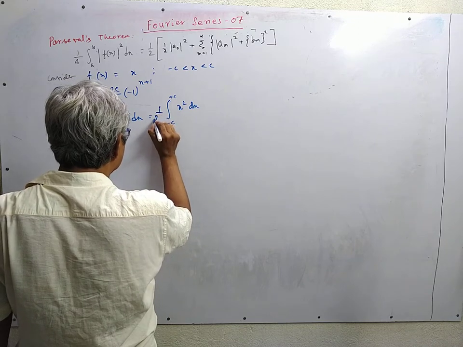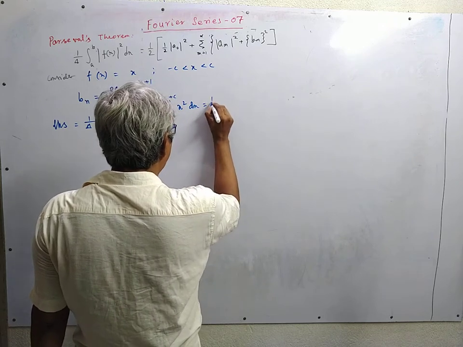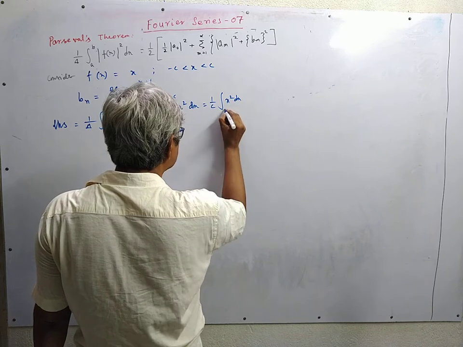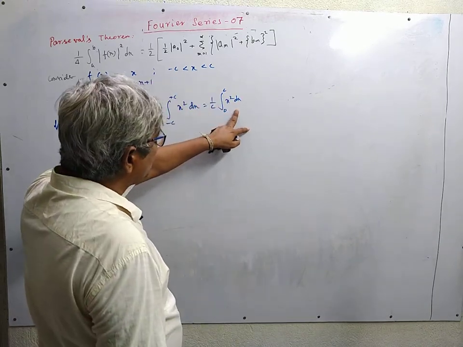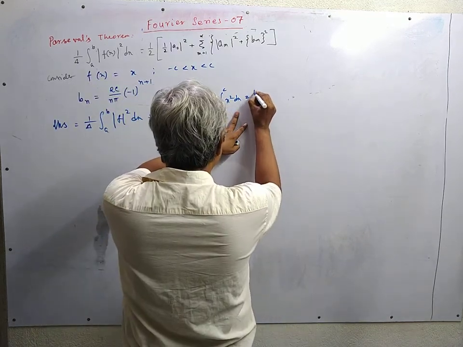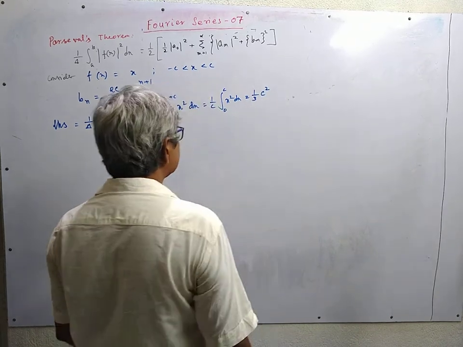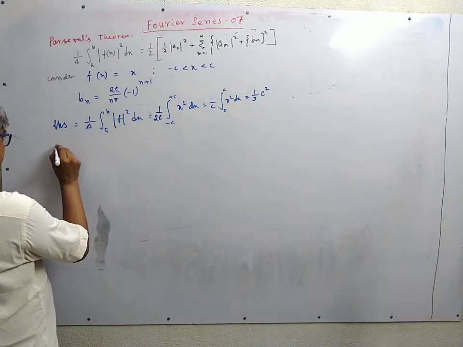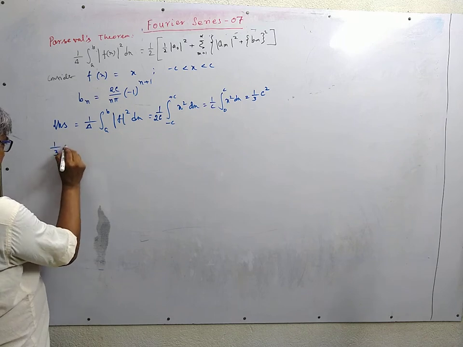Delta is 2c, so this can be written as 1 upon c times the integral of x square dx from 0 to c. So this is x cubed by 3, giving c square by 3. This is the left hand side.